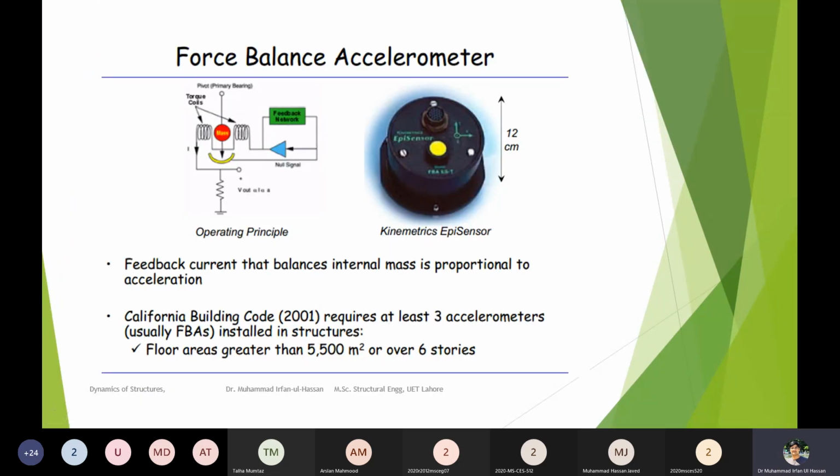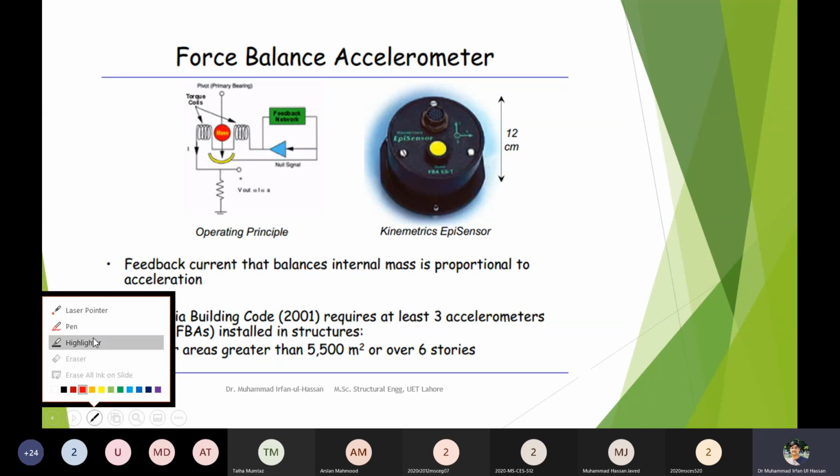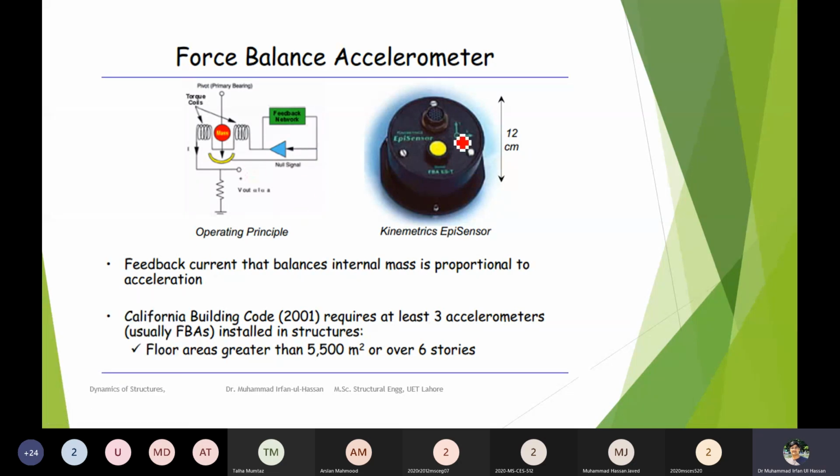These are the accelerometers which are built on the same principle. You can see here that in the system, the mass is there, the spring is there, the damping is there. All are visible on that cross section, but we are not much interested in the deep making of this, but in the application of this instrument.